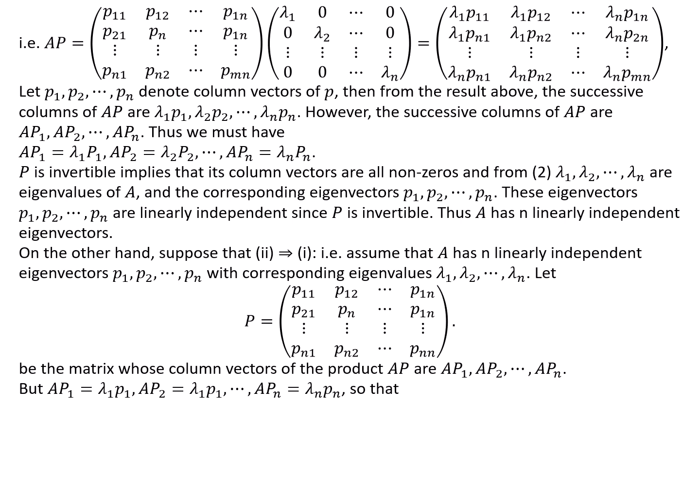These eigenvectors are linearly independent since P is invertible, since you can find the inverse of P. Thus, A has n linearly independent eigenvectors. On the other hand, suppose that 2 implies 1.